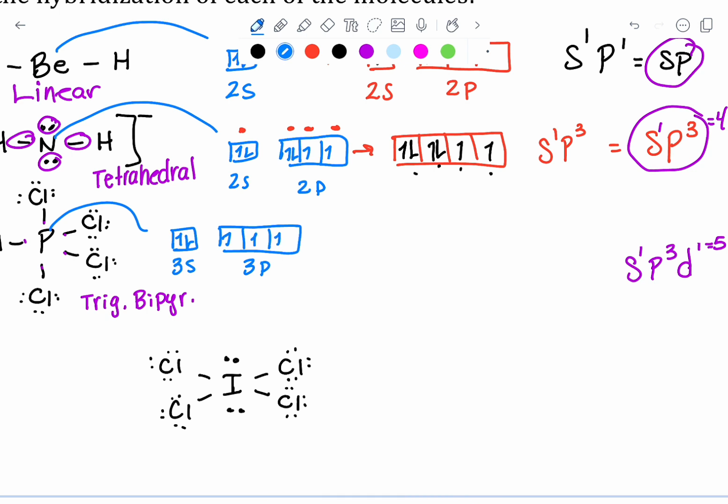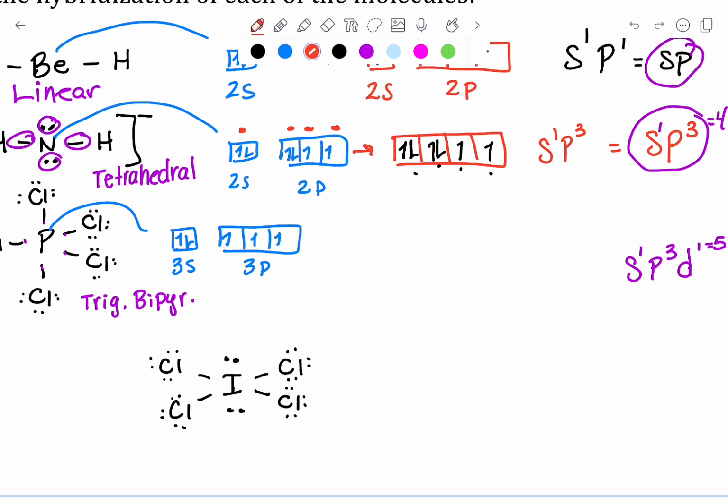Now, what we can do here, if we remember from expanded octets, row 3 and lower on the periodic table, so row 3, 4, 5, and 6, they can all have expanded octets because they have access to d orbitals. Because we're in the 3 shell, I have a 3d orbital that I can now move my electrons into.